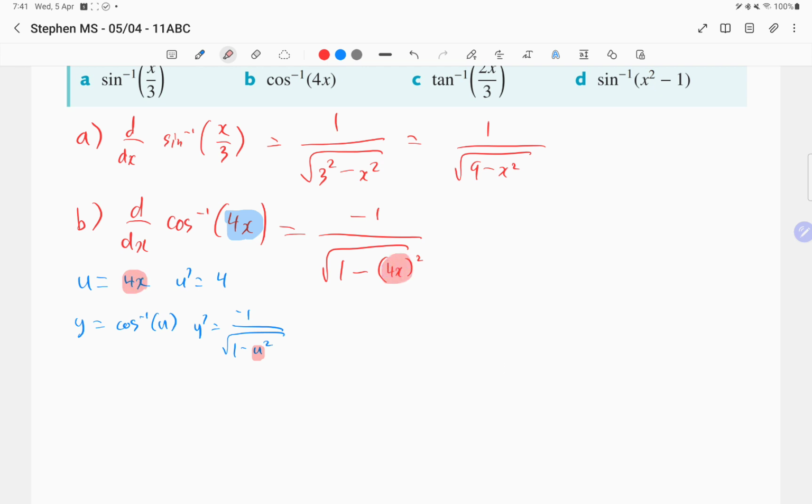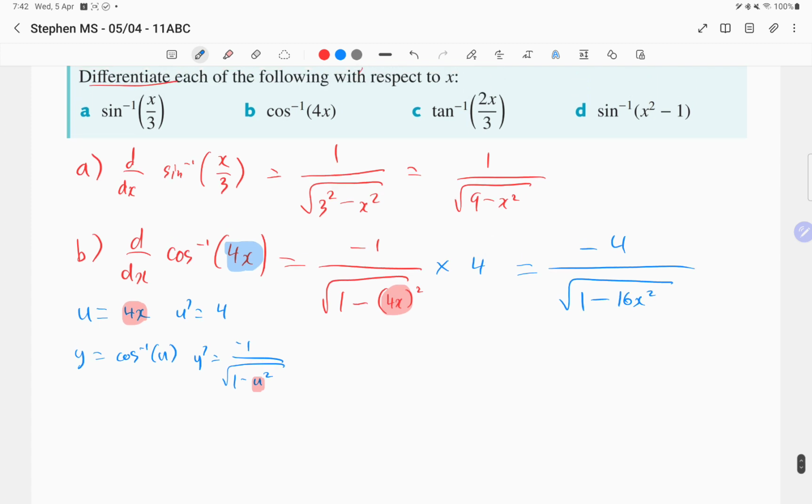That's why it's 4x, everything squared. Then you times that by 4. So that'll be minus 4 over square root of 1 minus 16x squared. And that's it.